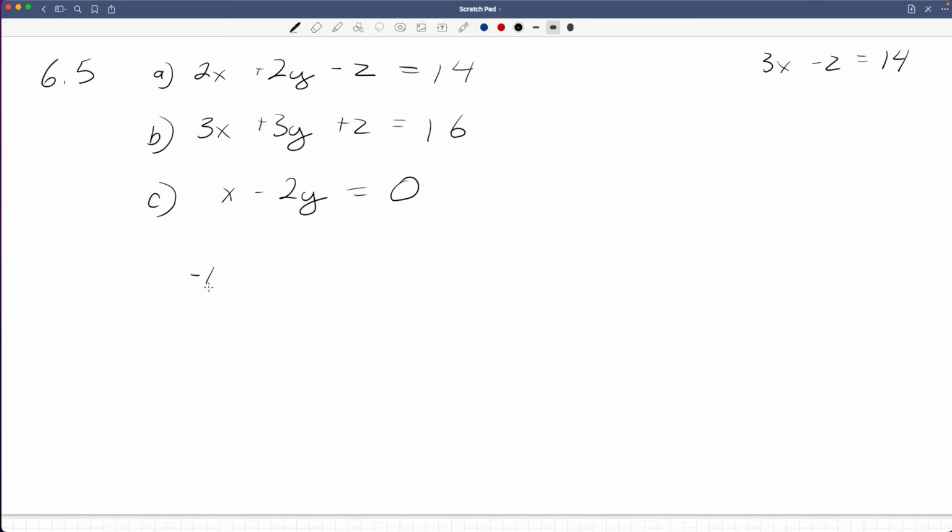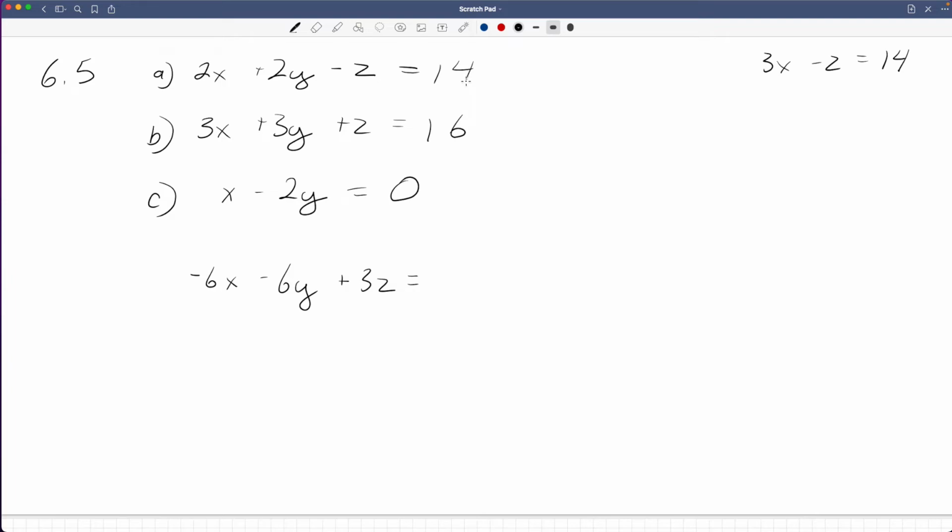So that would be negative 6x minus 6y plus 6z. No. That's what happens when you don't write it down. It's times negative 3, so that'd be 3z is equal to negative 3 times 14.